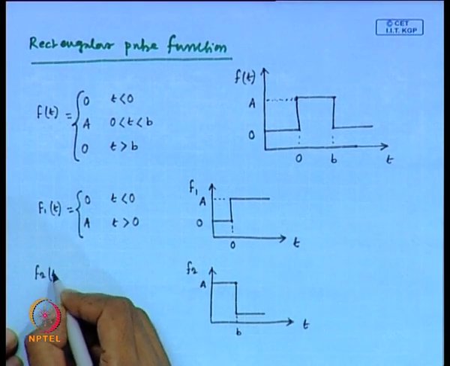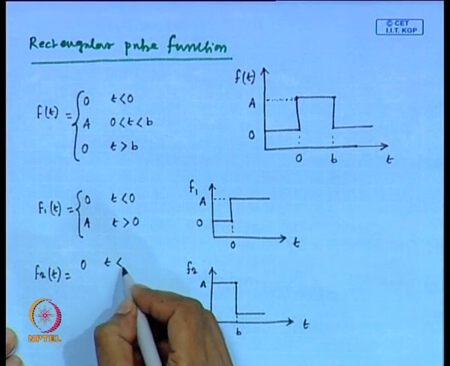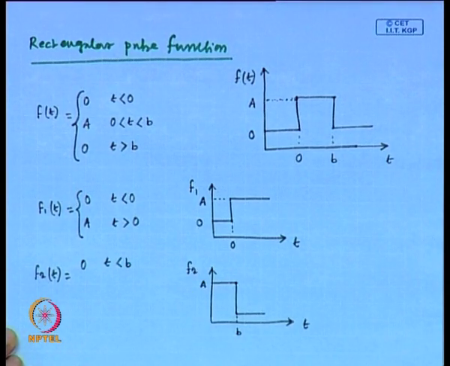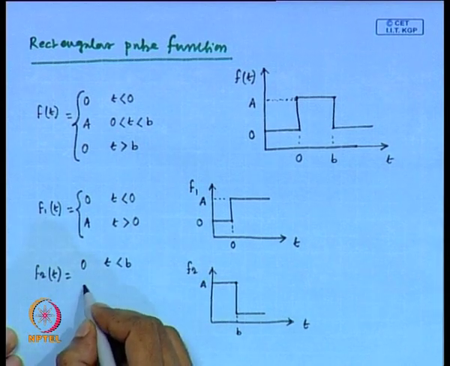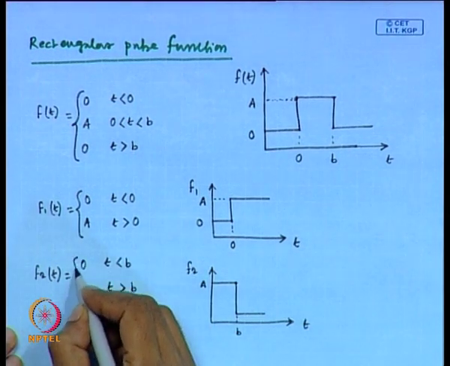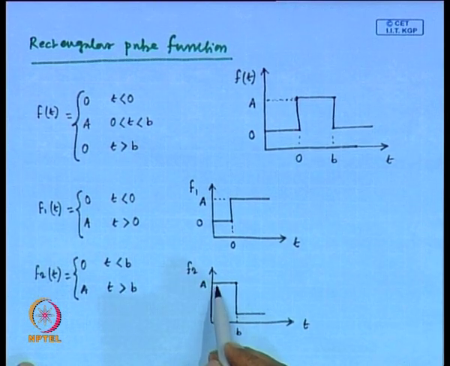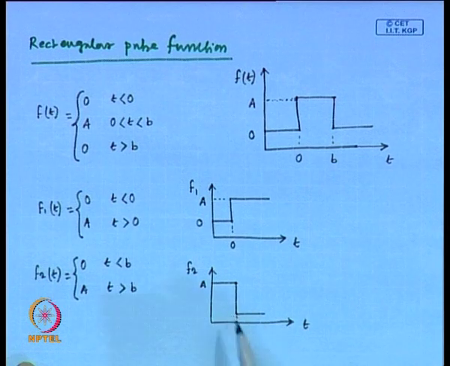So, f 2 t equals to 0 when t is less than b, f 2 t equals to a when time is greater than b. Can we write this for the second function f 2? Initial value we are considering 0 and this we are considering a.